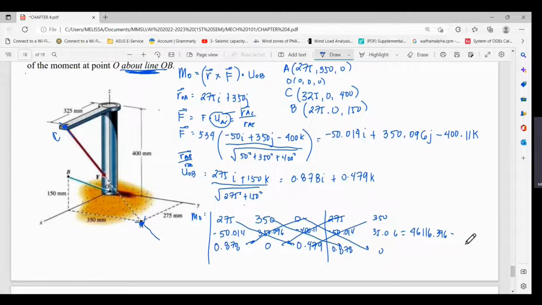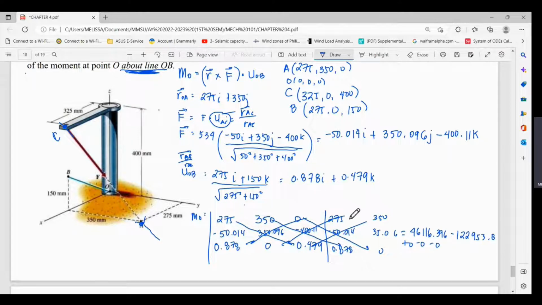So, we have 0.878 negative 122,953.8. Okay. Tapos dito 0 na, plus 0, dito rin 0, minus 0, minus 0 din dito, no?